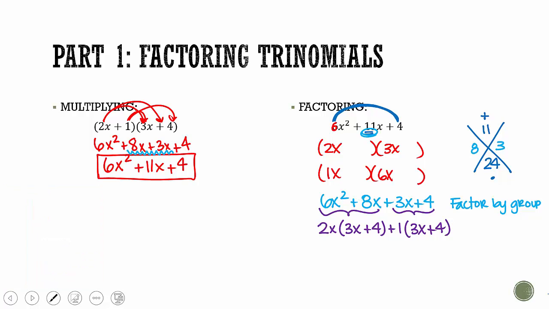And now remember, just like any other factoring by grouping we've done, you know you're doing something right if your two things in parentheses are the same. So when you factor that out, you have 2x plus 1. And that's what we started with over here.